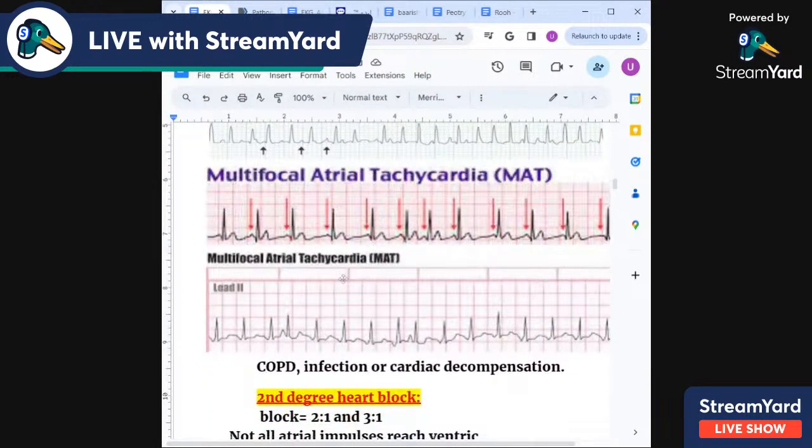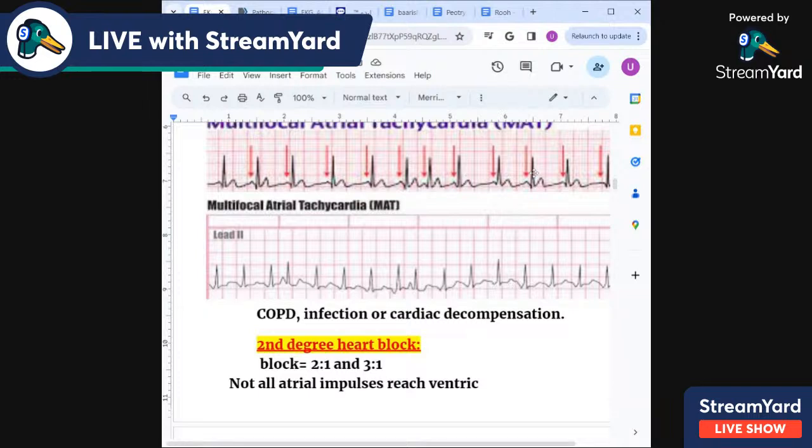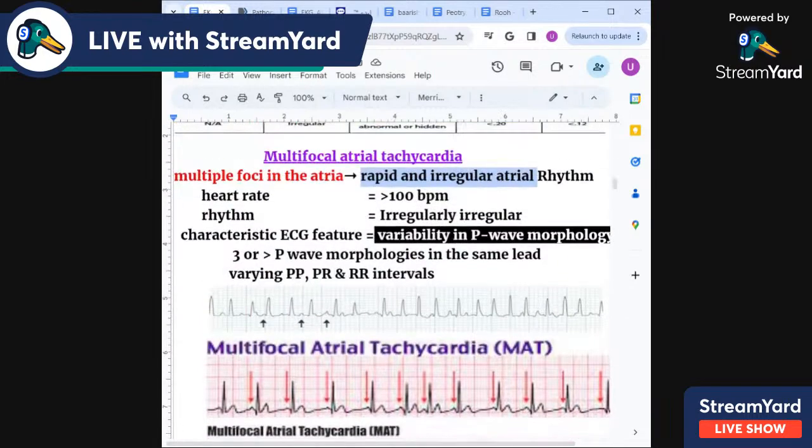The characteristic EKG feature of multifocal atrial tachycardia is the variability in the morphology of the P wave. You see this in the same lead, for more than 3 seconds. Here the P wave has a different configuration. The morphology of the P wave is different in the same lead. That is the characteristic EKG feature of multifocal atrial tachycardia.